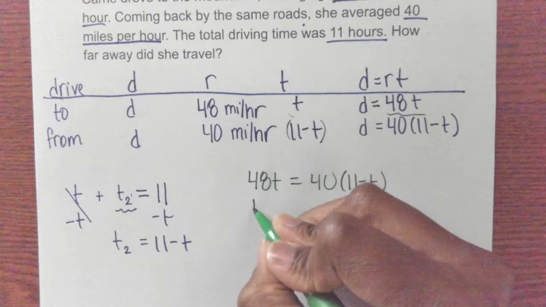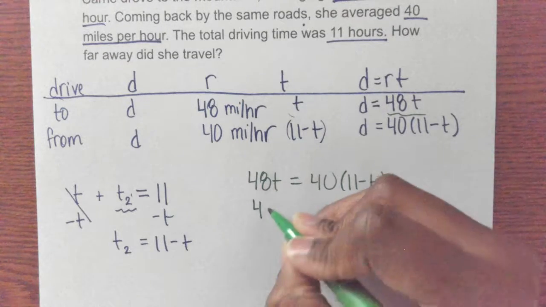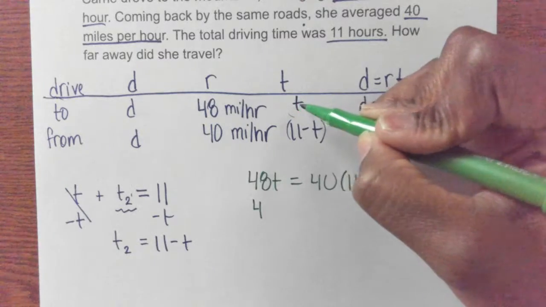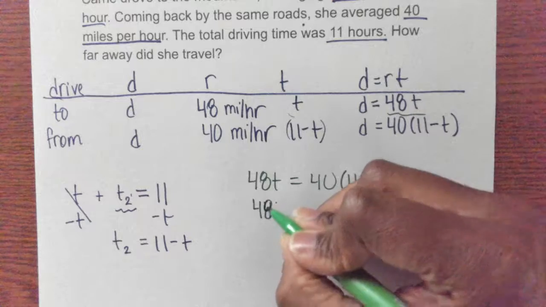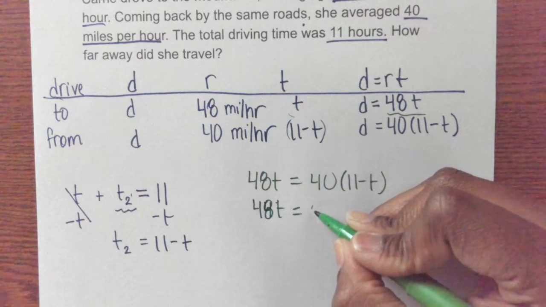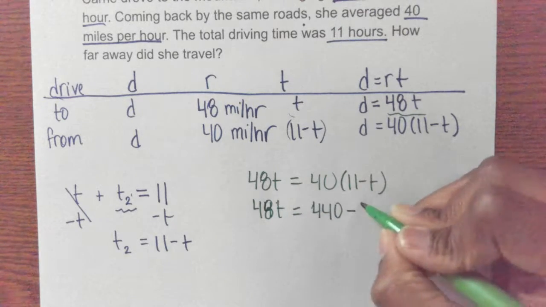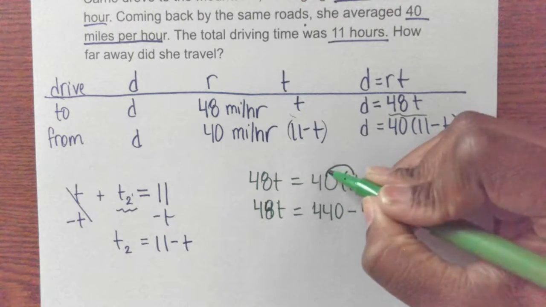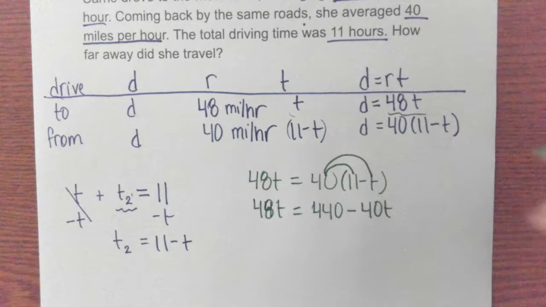So I'm going to go ahead and distribute here so that I can solve for my time. And remember, this t only represents the time going to the mountains. So I've got 48t is equal to, when I distribute that, 440 minus 40t.